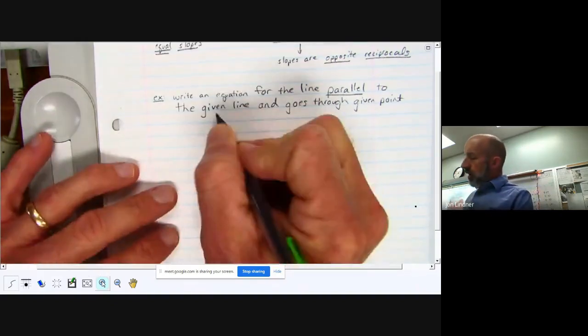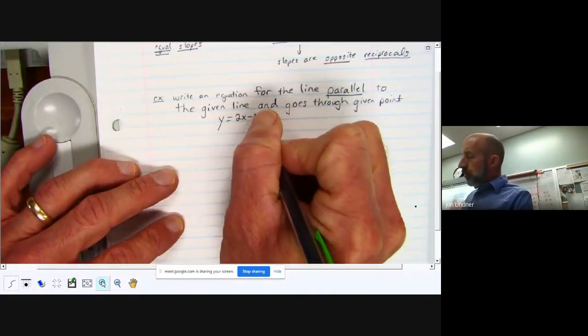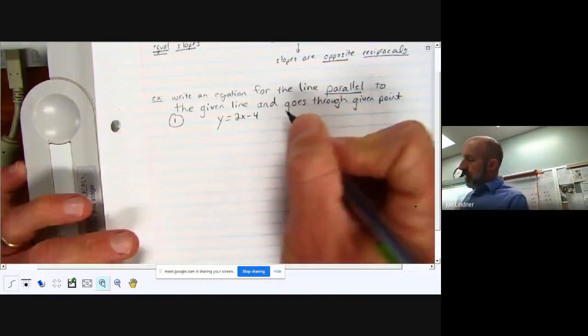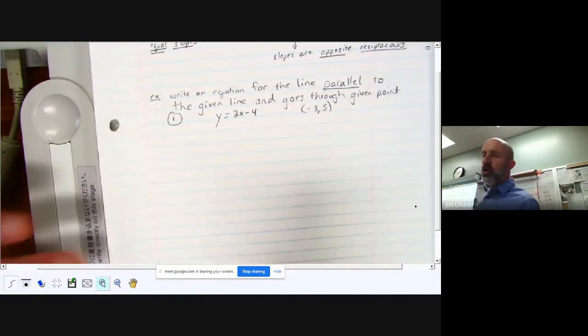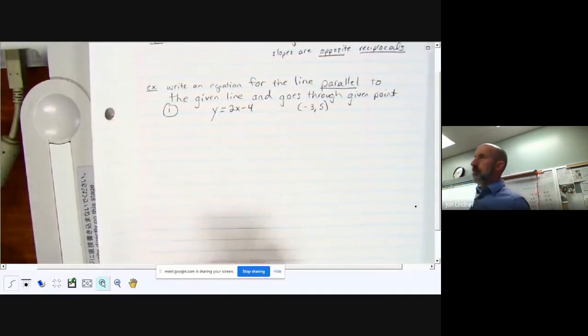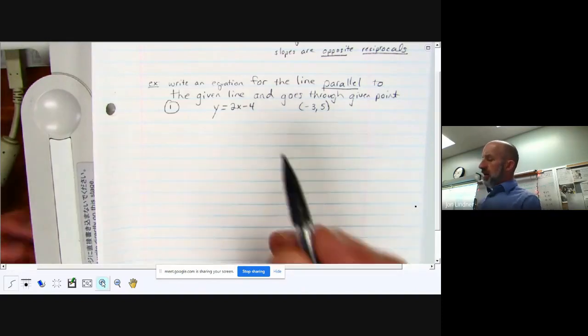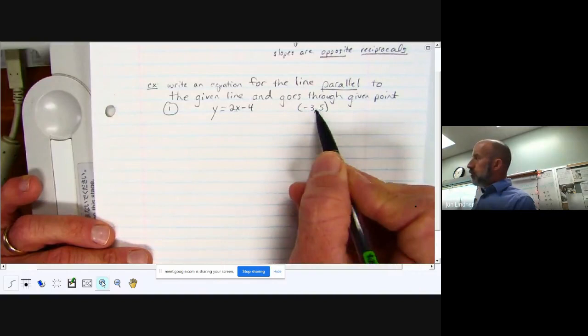They're going to give you the equation of a line like y equals 2x minus 4. We'll call this our first example. And then they're going to give you this point that the new line goes through. And we want to come up with the equation of the new line that's parallel to this one, but goes through this point.